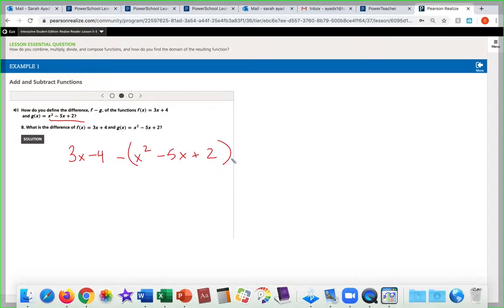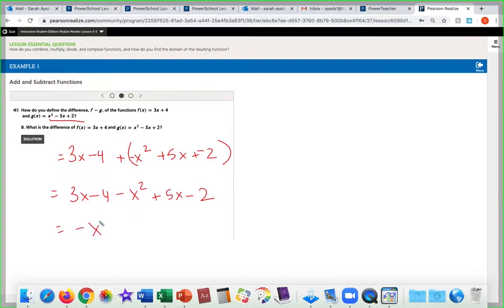So it's extremely important that in subtraction specifically, you use parentheses. Because what are we going to do with that negative sign? What are we going to do with that minus? First step is we are going to make it a plus and distribute. So we're going to distribute that negative sign to every term after. So now I could just combine like terms.